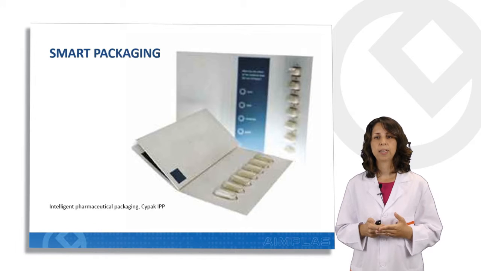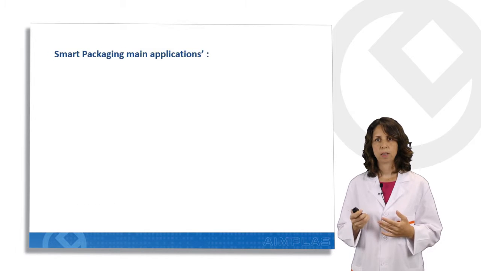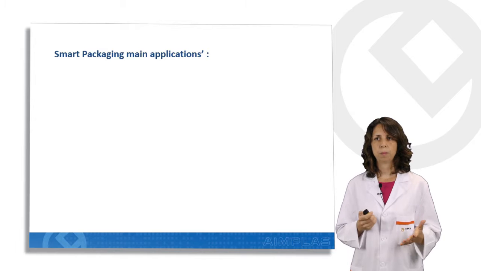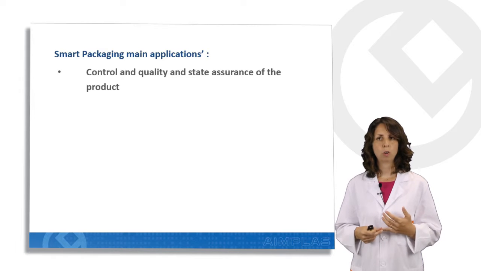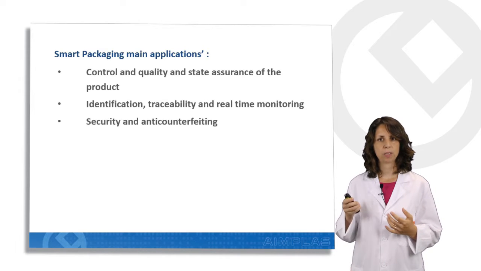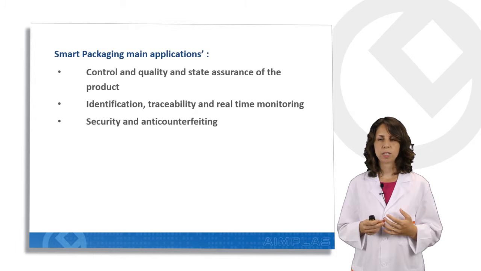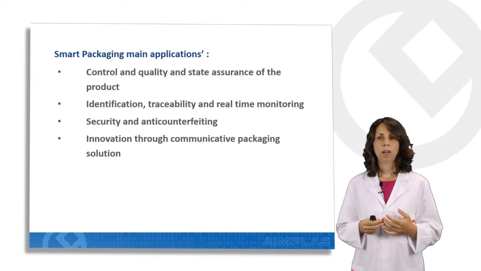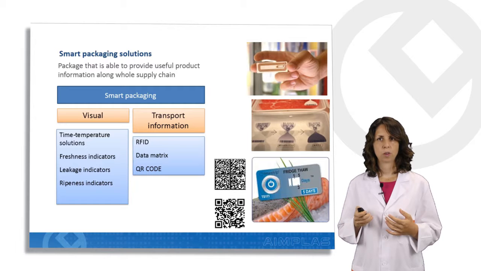Here we can see an example of CPAC packaging to solve patient adherence. We can see other main applications: control and quality assurance of the product, identification, traceability and real-time monitoring, security and brand protection, and innovation through communicative packaging solutions.